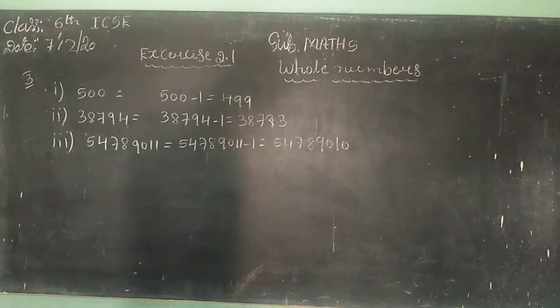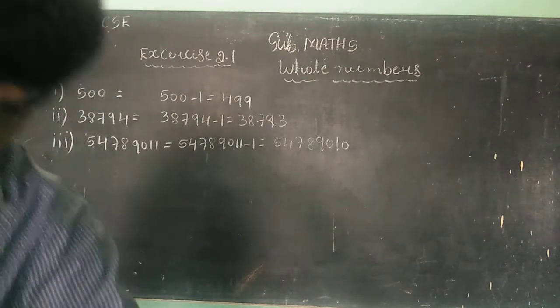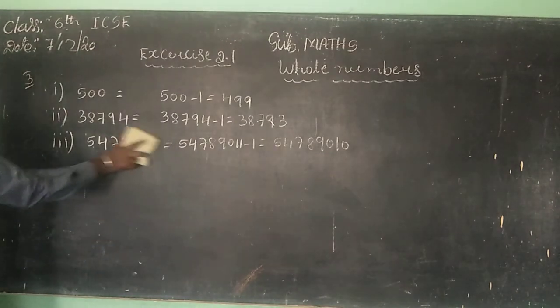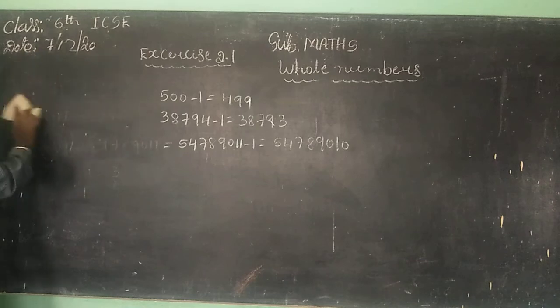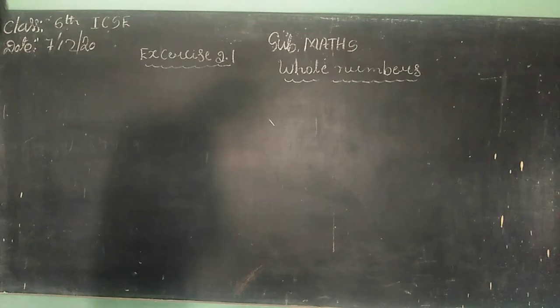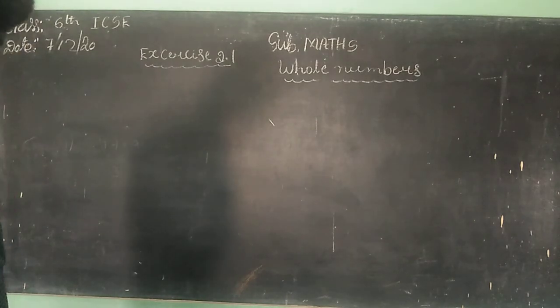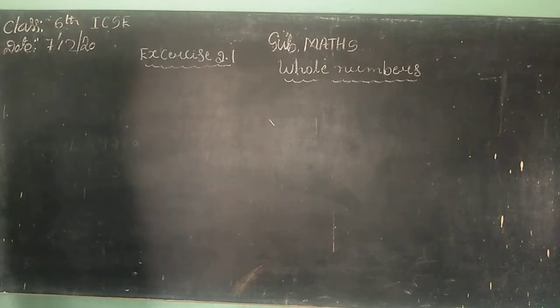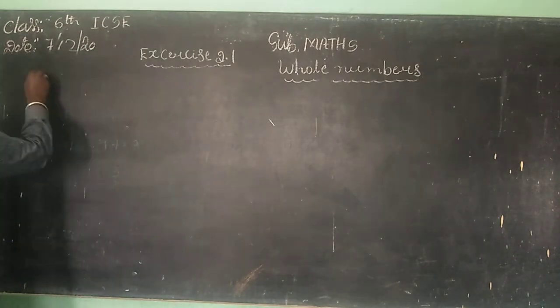No doubt. Children, next, fourth point. Write the whole number in each of the following numbers. Okay, children. Now you want to take: write the whole number in each of the following whose successor is. Okay, children. What is that? Fourth line.